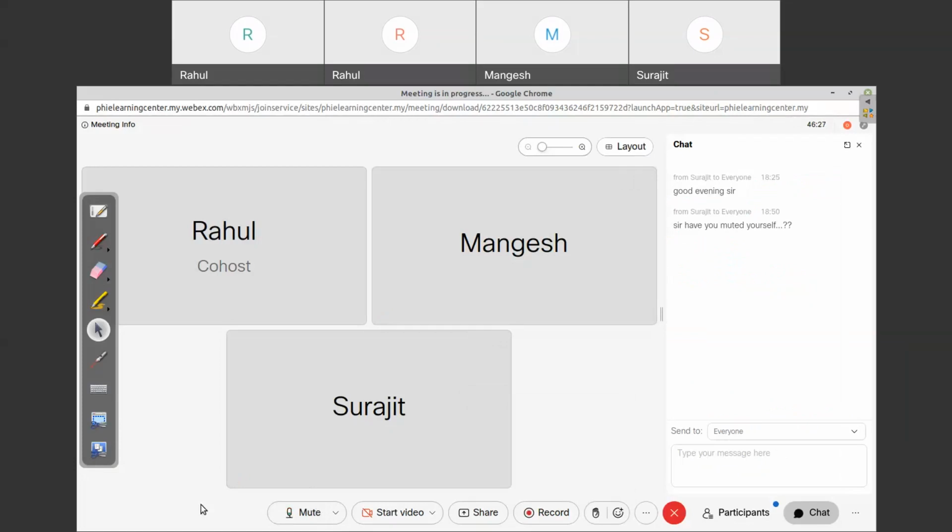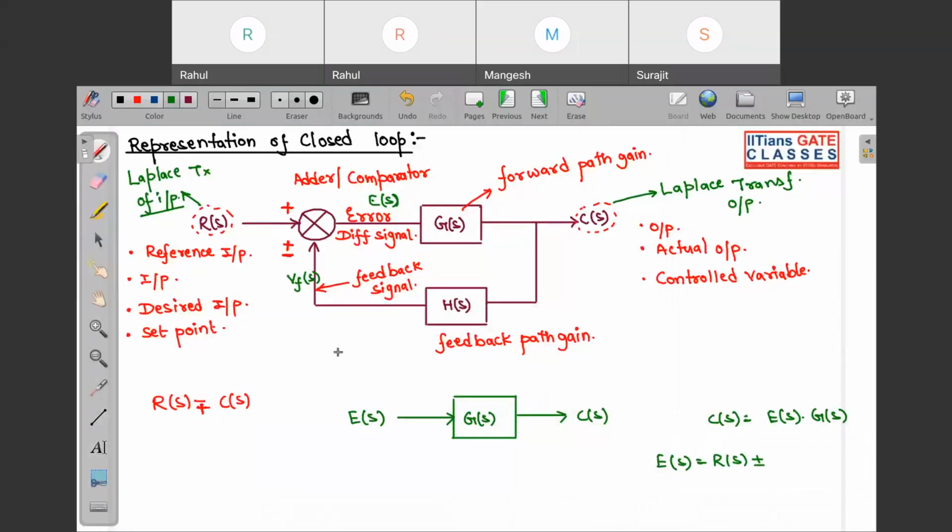Arey yaar. Once again I have muted, since I don't know how this happened. From when has this happened? Pardon, I can't hear you. Your voice is constantly breaking, Surjit. I don't know how this happens. Constantly this gets muted. Whenever this happens, you should tell me immediately by unmuting yourself.